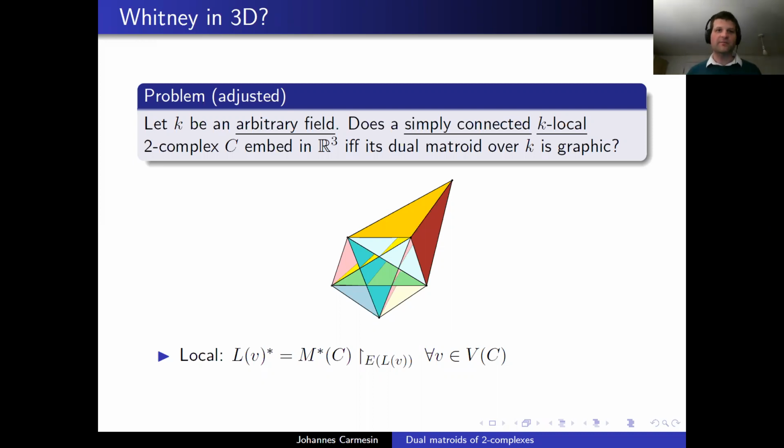Okay, so now the new problem is: you have an arbitrary field K, and you have a simply connected two complex that is local, and the hope is that this embeds in R3 if and only if the dual matroid is graphic. Given all these counterexamples, probably this is the most natural Whitney theorem we could aim for.